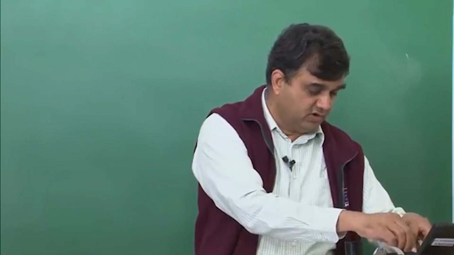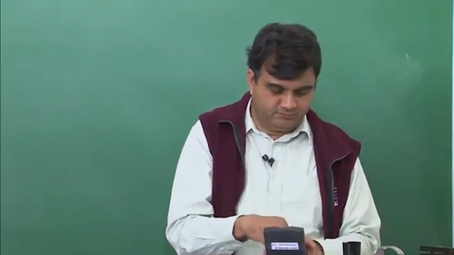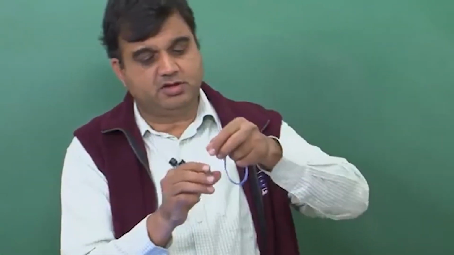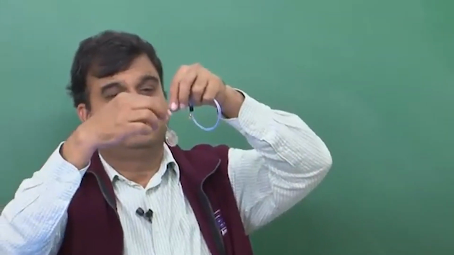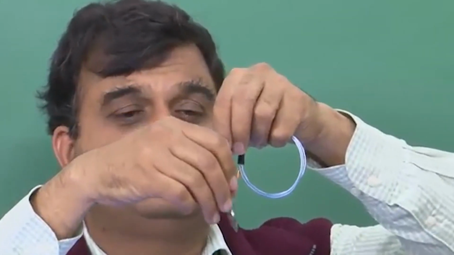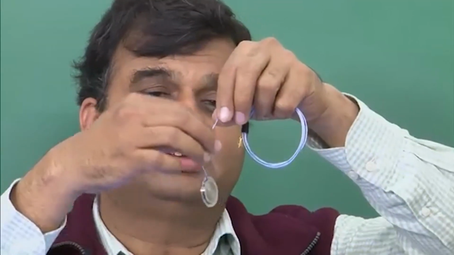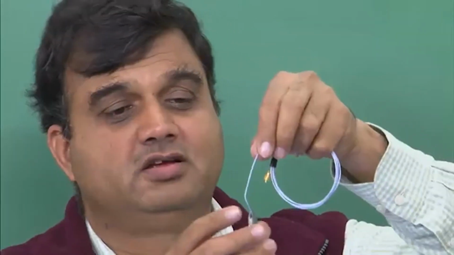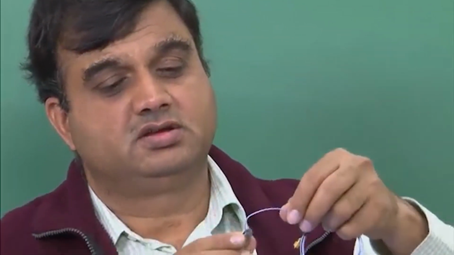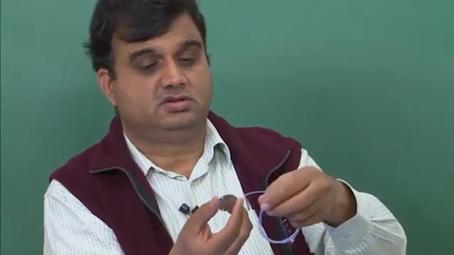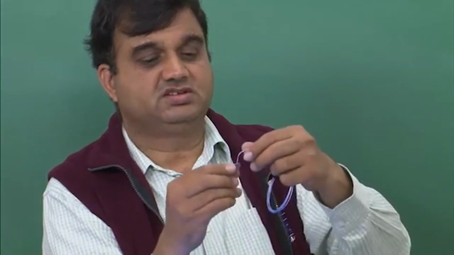The other microphone I wanted to show you looks something like this. It looks like a very thin flat disc, like a very thin coin. The signal comes into this wire, and this side is the side which senses.